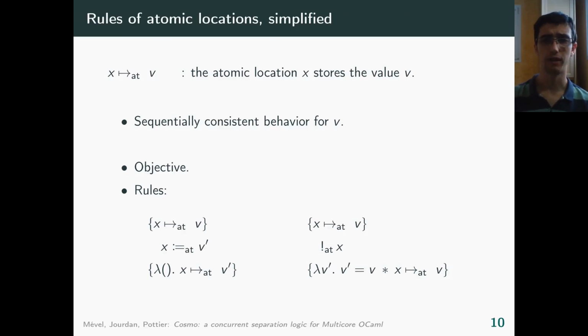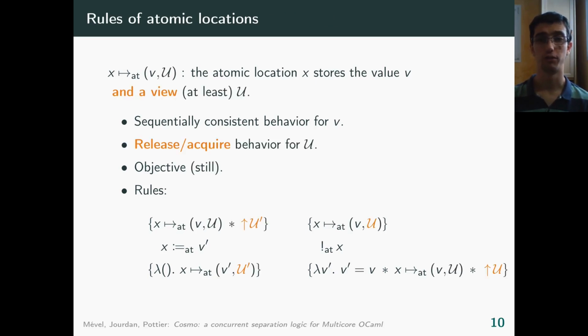So recall that atomic X points to V means that X stores the value V. We now extend this assertion so that the atomic location stores the pair of a value and a view. So accesses still behave the same with respect to the value, but they also perform a release-acquire synchronization on the view.